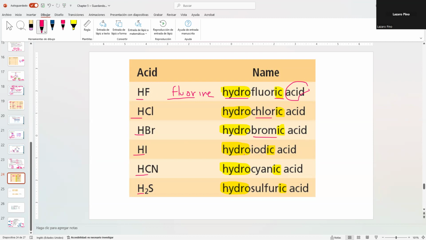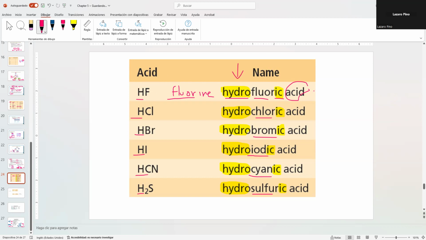Hydrobromic acid. Hydroiodic acid. Hydrocyanic. Hydrosulfuric. Remember, always in binary acids, we begin with hydro. We use the root of the anion, the name of the anion, and we finish by adding ic.